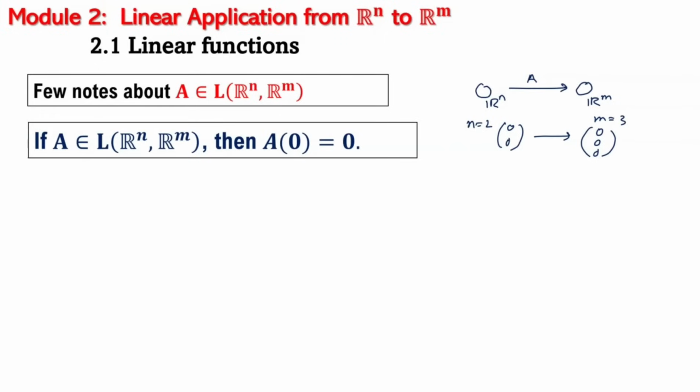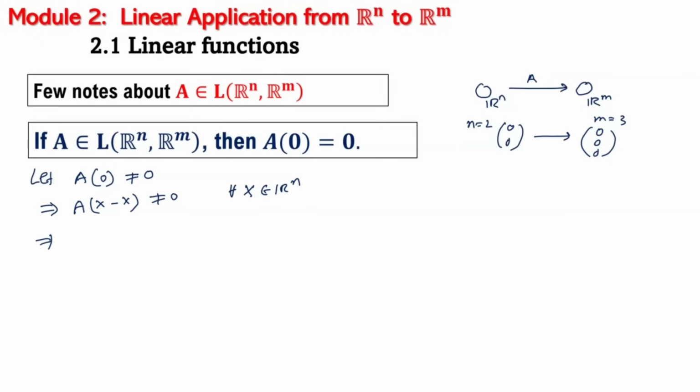Now how can we verify this property? We can prove it by contradiction. So let A0 be not equal to 0. Now this is equivalent to A(x minus x) not equal to 0 for all x belonging to Rn.